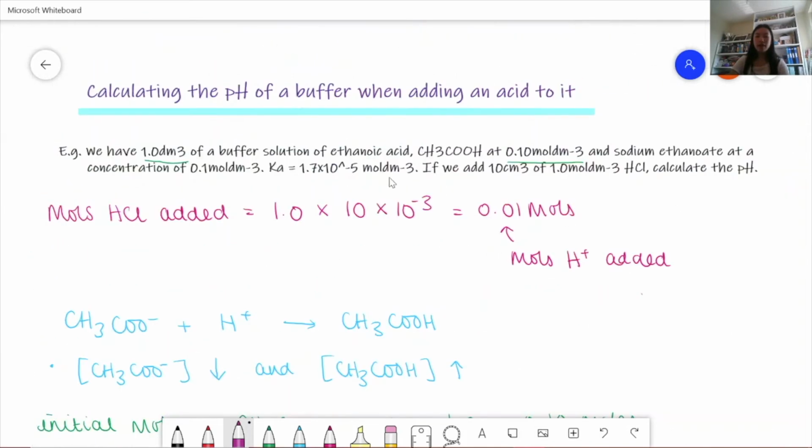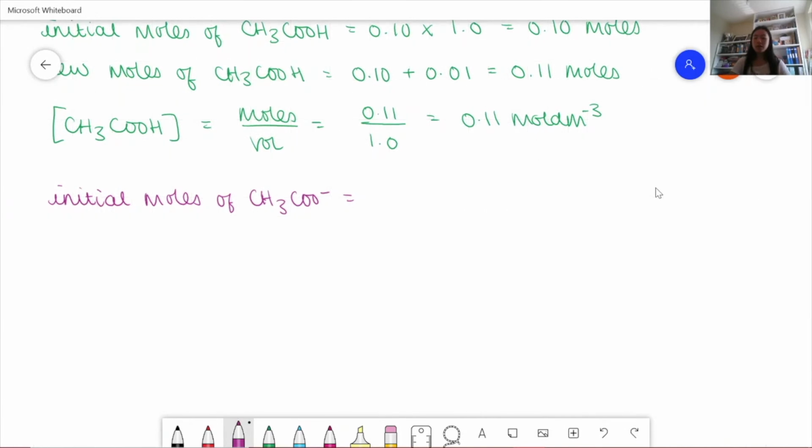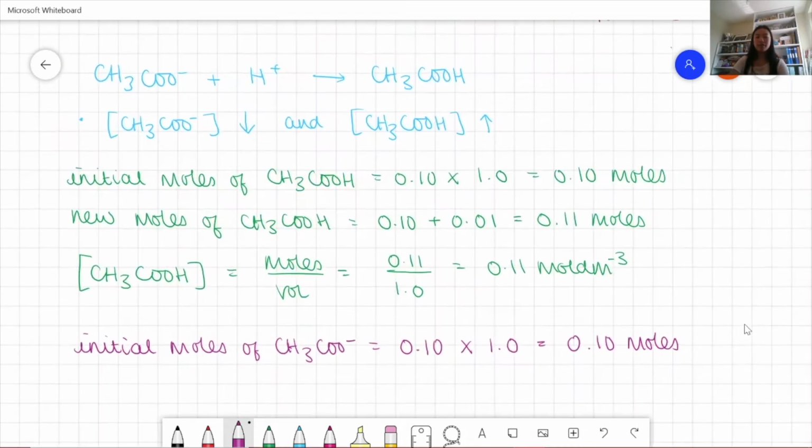So we have 1 decimeter cubed, so we use the whole buffer solution, this 1 decimeter cubed, and also 0.1 moles per decimeter cubed as the concentration. So we have 0.10 times 1.0 is equal to 0.10 moles. And now we look back to the blue equation again.